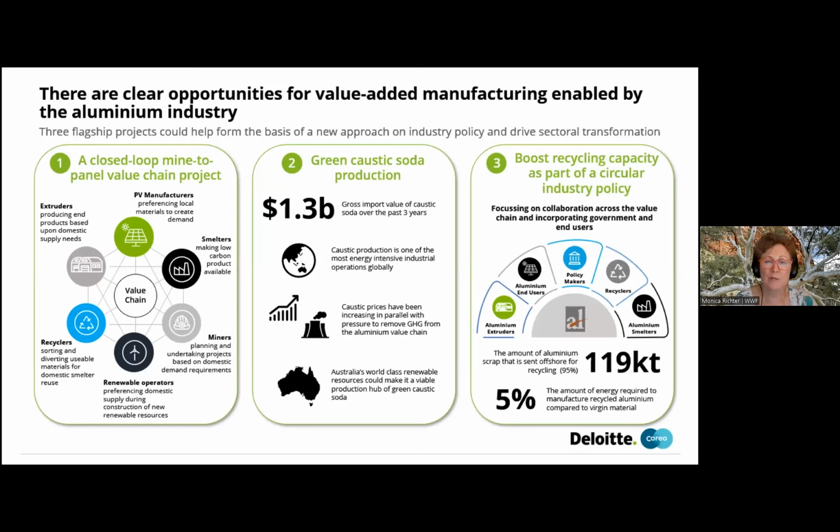And some very good work that Deloitte did for the aluminium industry to drive that change. So for example, only 25% of aluminium cans are recycled in Australia, and we know how precious that aluminium is. So being able to really capture that is important.